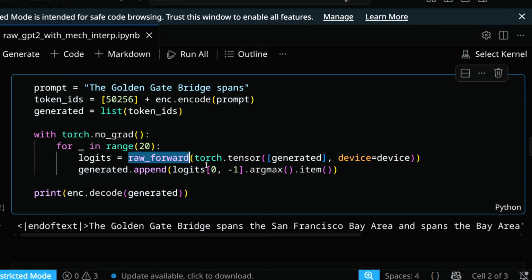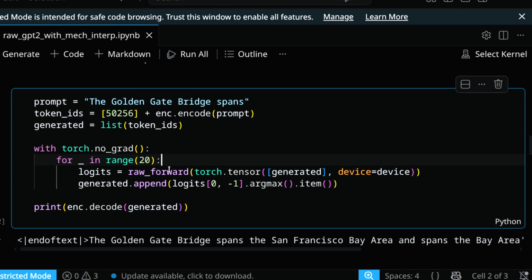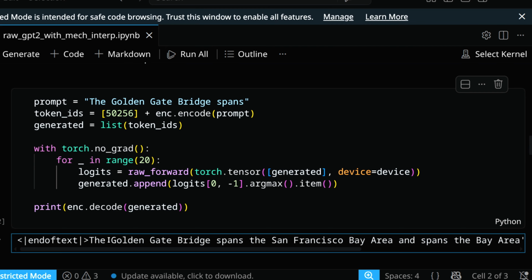So this is putting the tokens representing the Golden Gate Bridge into the raw forward, which is code that's up there. And then it outputs its prediction for the next word. And as you can see down here, it predicted, based on the Golden Gate Bridge spans, which is written up here, that the next word should be the.